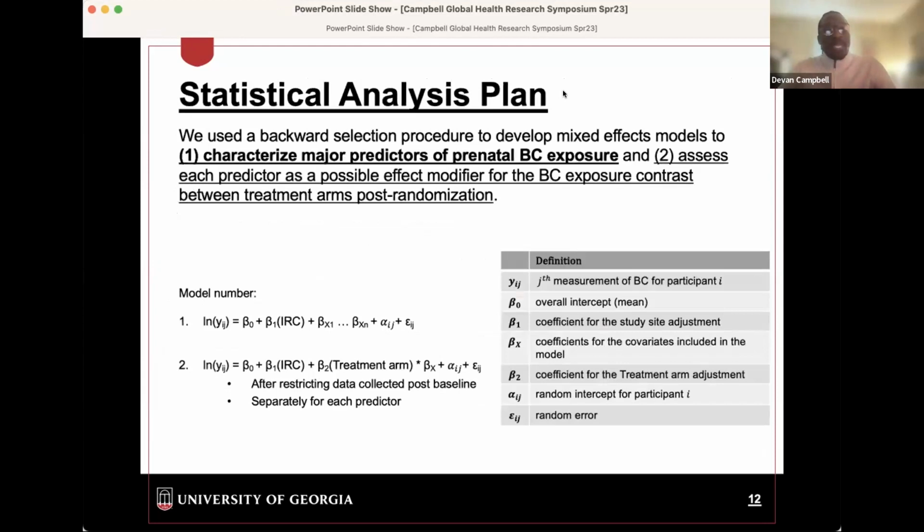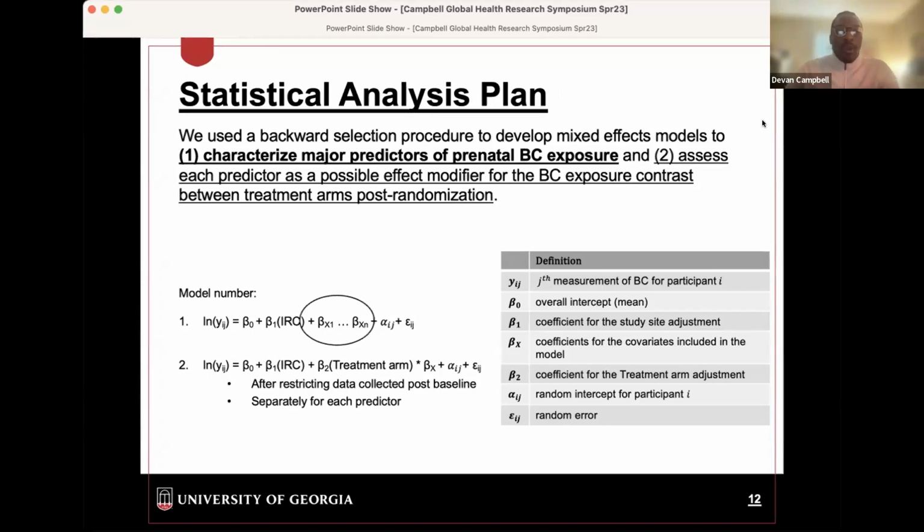So now our stat plan. We used a backward selection procedure to develop mixed effect models to first characterize major predictors of prenatal Black carbon exposures, but then assess each predictor as a potential effect modifier for the Black carbon exposure contrast between these treatment arms post-randomization. For our first objective, the parameters of interest are the coefficients for the covariates included in the model.